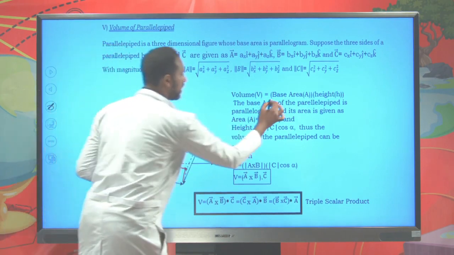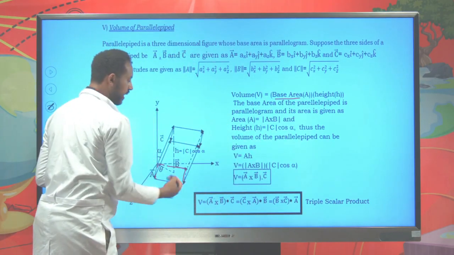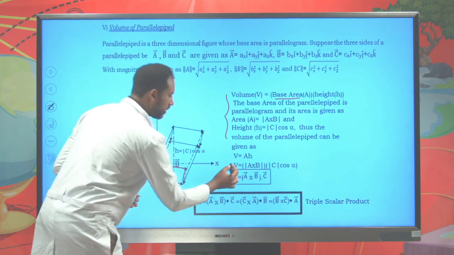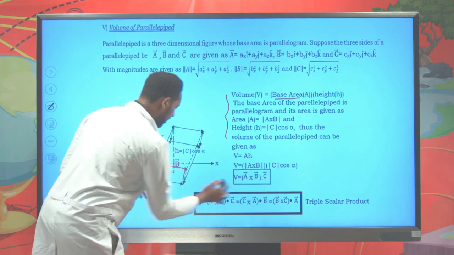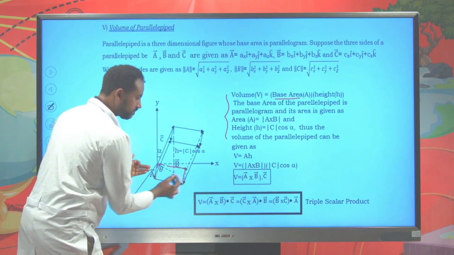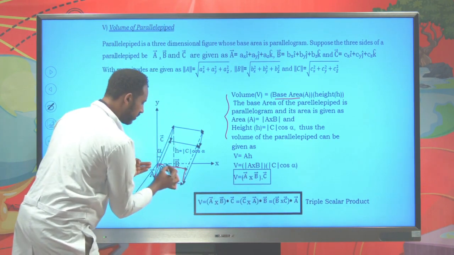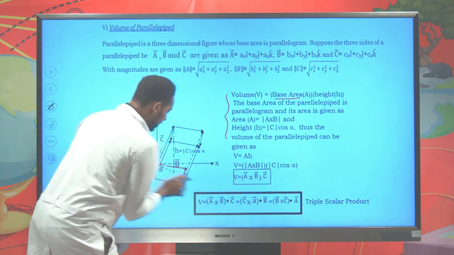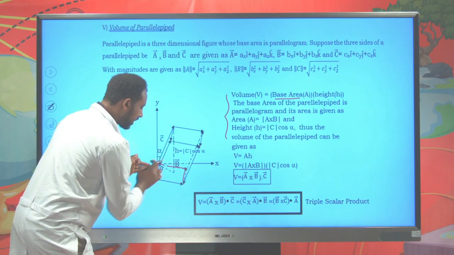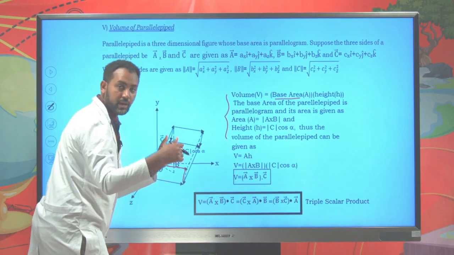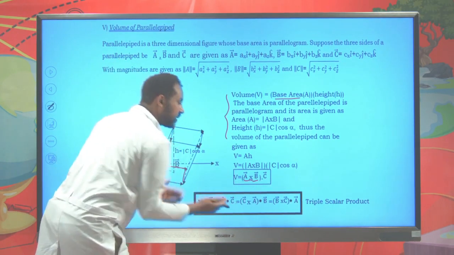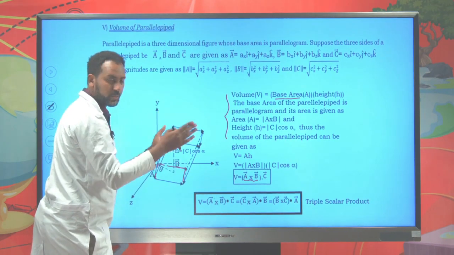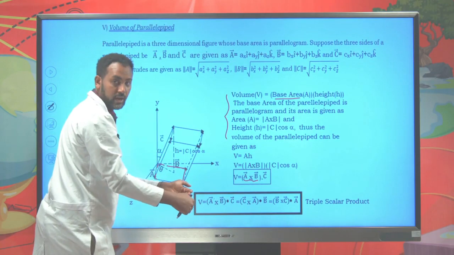Therefore, volume is base area times height. One side is given to be A, and the other sides of the parallelepiped can be given as B and C. So you have to find A cross B, which gives the area of the parallelogram, as we said previously.